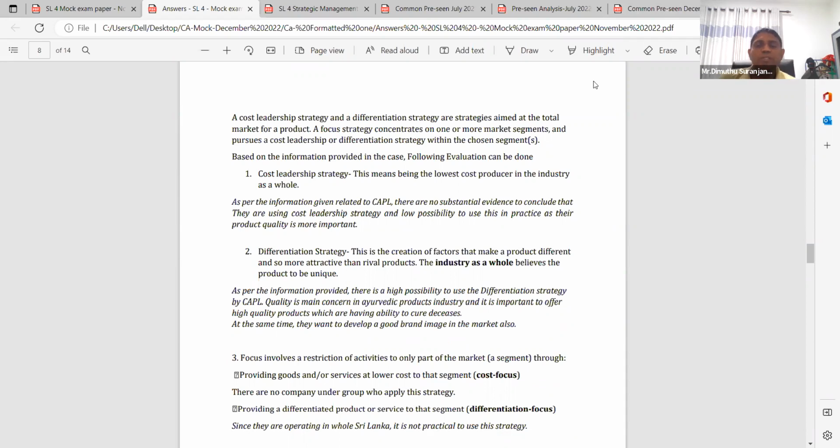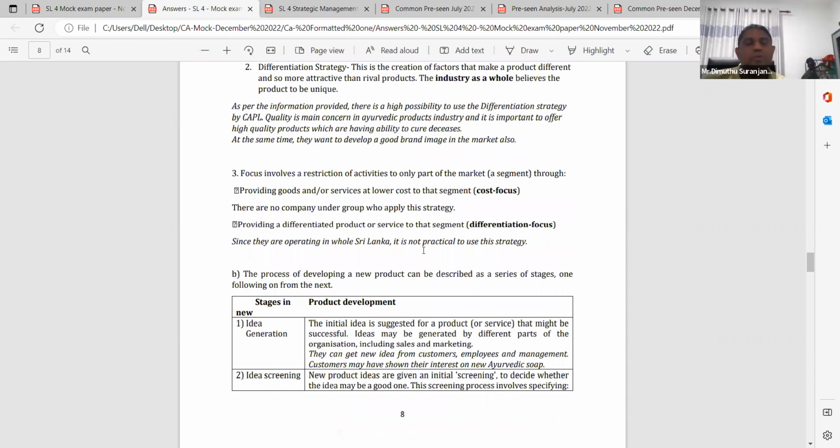As for the information provided, there is a high possibility to use the differentiation strategy by CAPL. Quality is the main concern in our product industry, and it is important to offer high quality products which are having high value. At the same time, you want to build a good brand image in the market. So differentiation is the strategy. Not focus. So they are in a broad market, not in a selected marketplace.